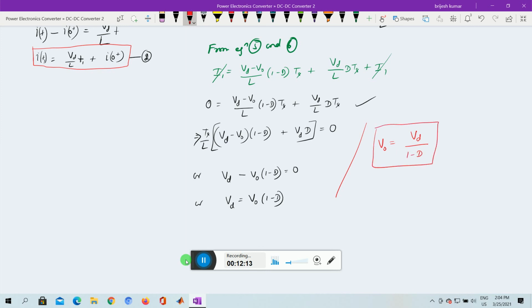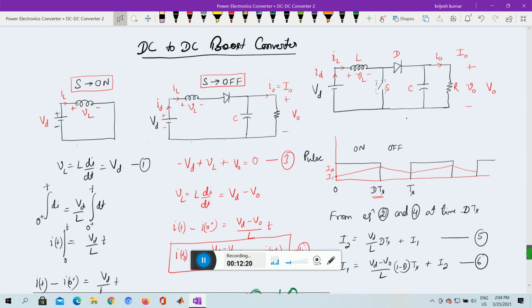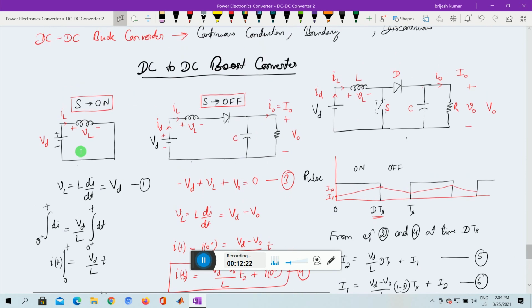We can simply say in one line from the figure directly, using the volt-second relationship in the inductor. The voltage during the on time is Vd, for the time d times Ts. The voltage during the off time is Vd minus V0, for the time (1 minus d) times Ts.